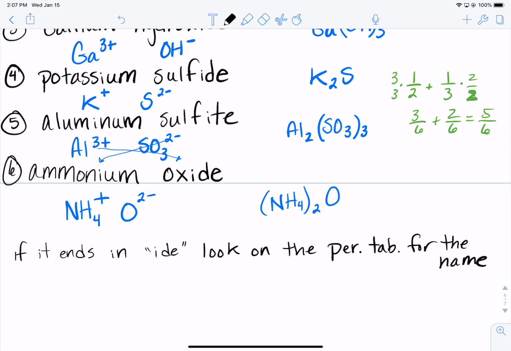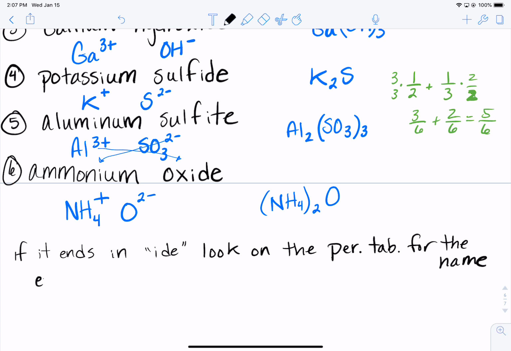And welcome to chemistry. Here's the rule, and then now there's exceptions. I swear chemistry is just a bunch of rules with exceptions. So what are the exceptions? All of them end in "ide" on the periodic table, except there are a few polyatomic ions.